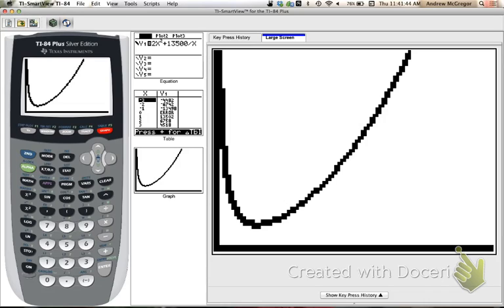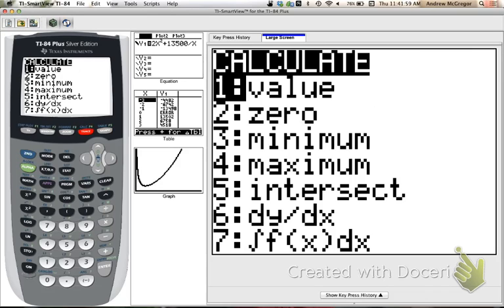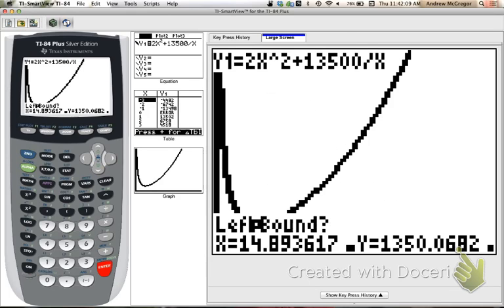What value are we looking for? The vertex. How do we find that? Trace, there's a more accurate way to do it. I've taught you once. Calculate. Second trace. What are you going to calculate? Number 3. Go down to minimum. Press enter. And now you have to choose a left bound and a right bound.